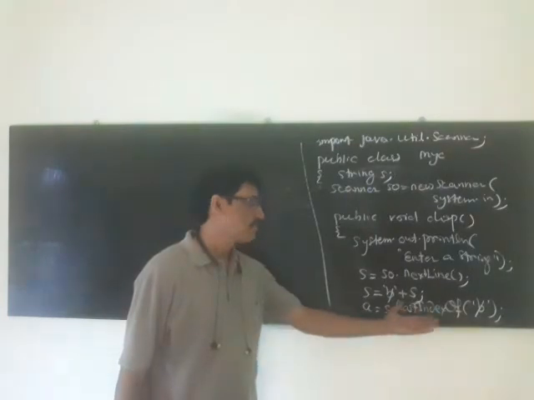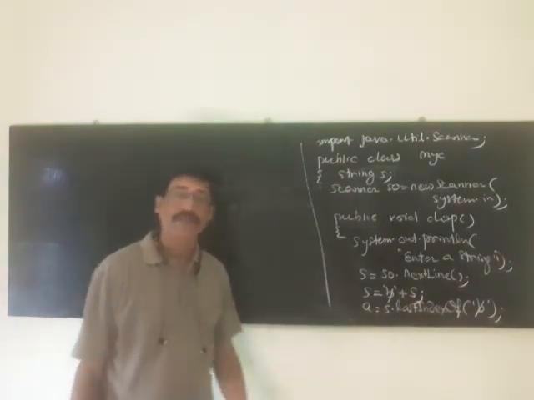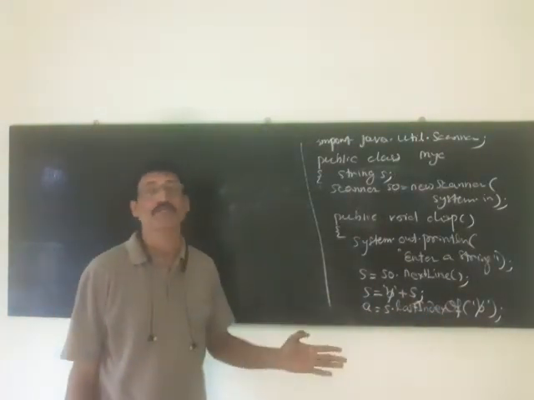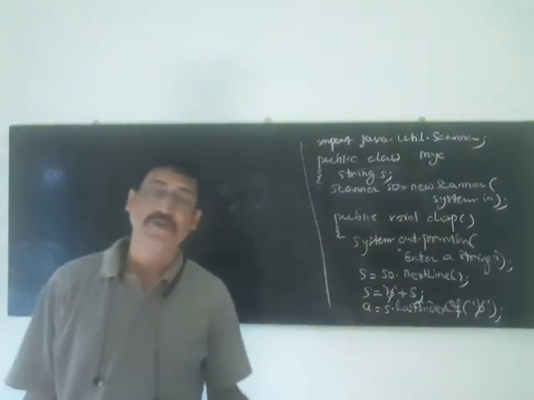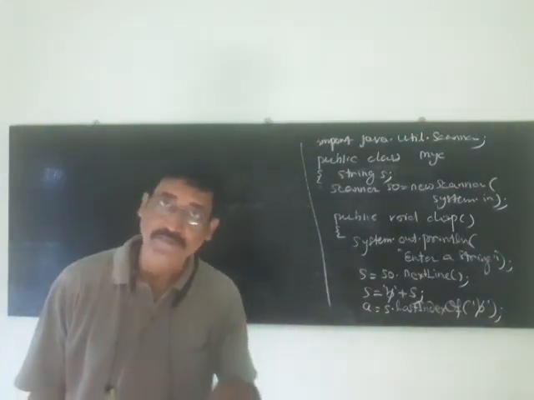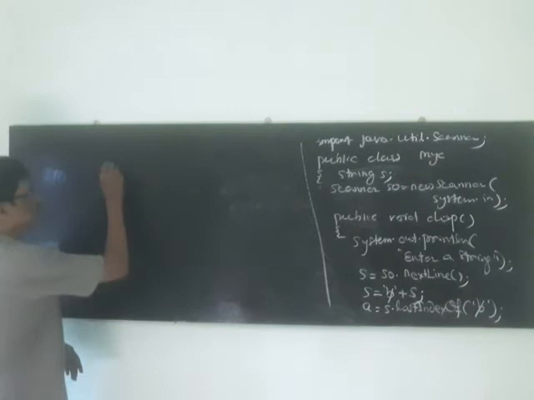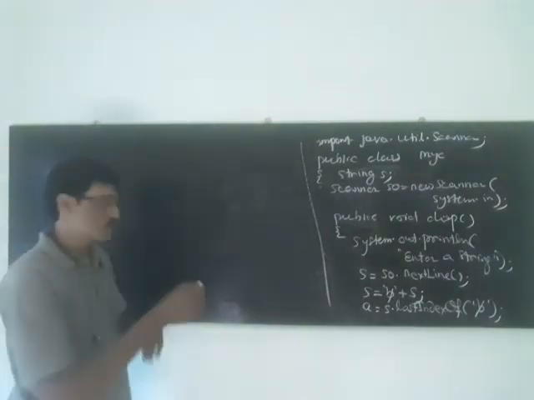So in this way you can input the string, add a space character at the beginning of the string, then find the index of the last space character, and using the substring function you can find the last word of the string. Let me store it in the variable s2.